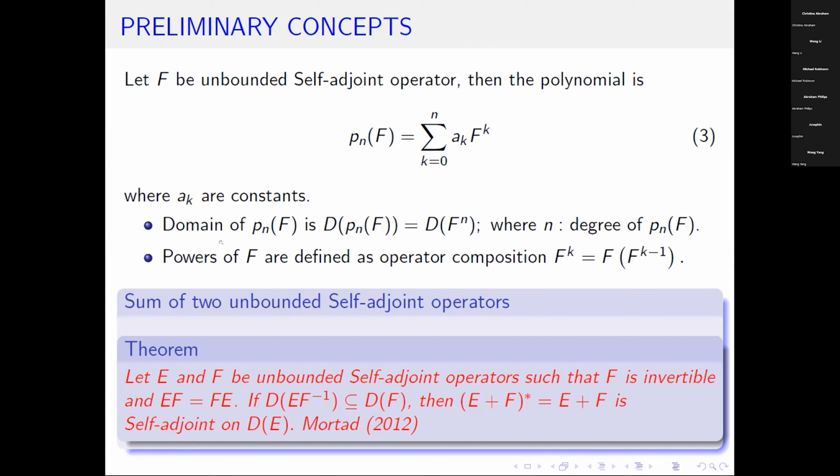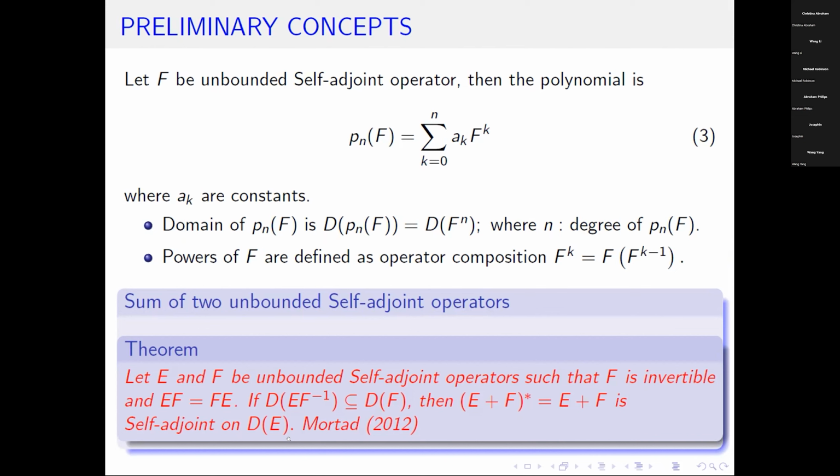And to define the powers of the operator F, that is F^k, we define it recursively. That means F will be acting on F^(k-1). Now, this is the result which we relied on to come up with a polynomial: if we have the operators E and F being unbounded self-adjoint operators, and F being invertible, and they commute with each other.